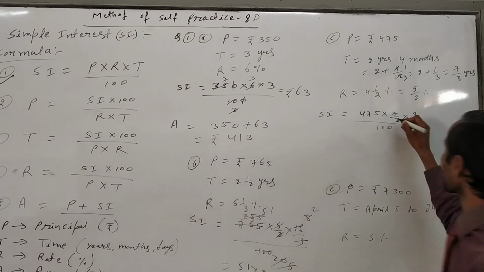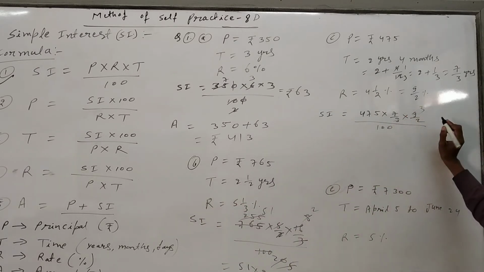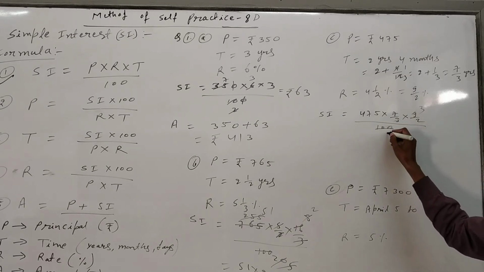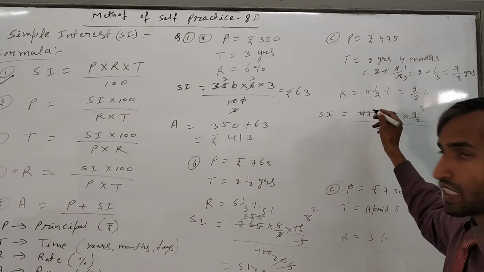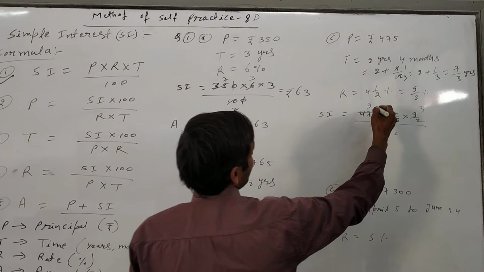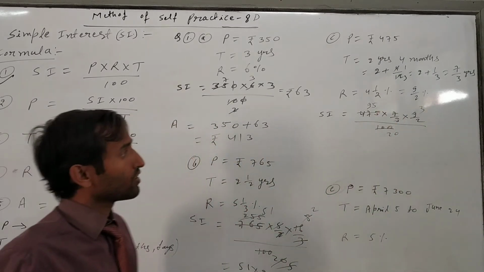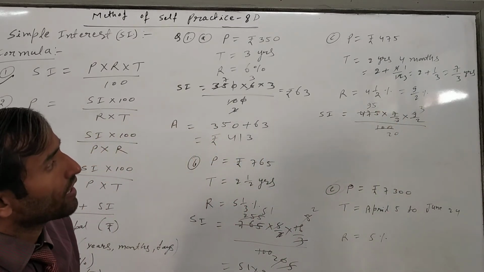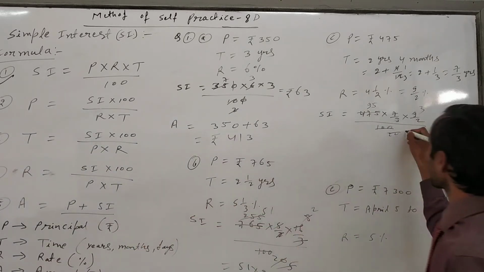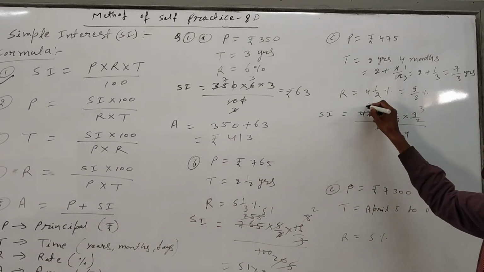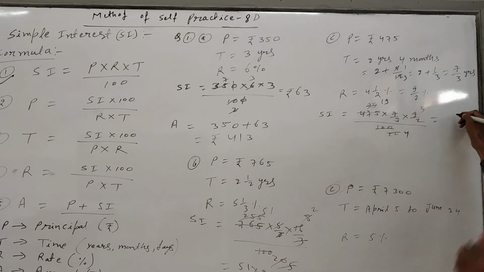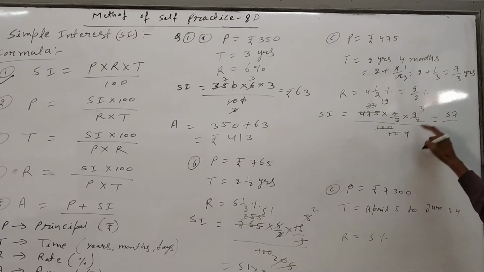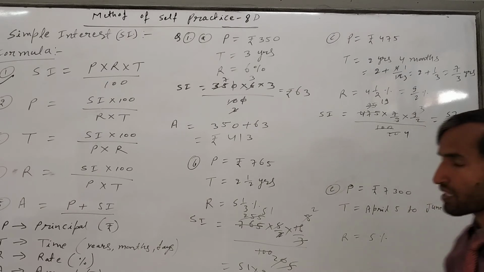Now again we have to cancel: 3 3s are 9, and if any cancellation is there, we can cancel out, otherwise no. So 25 it will come like this, and now we can cancel: 9 5 and here 5 5 means 95, and again we can cancel by 4 5 and then it will come 19 5. So it will come like this: 19 3 57 upon 4 2 8. This will multiply 8. So 57 upon 8.